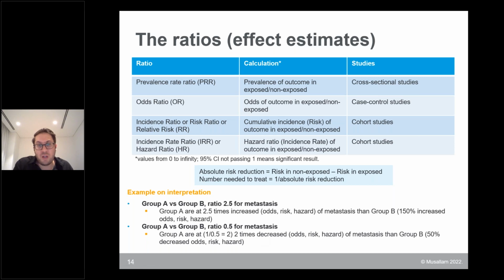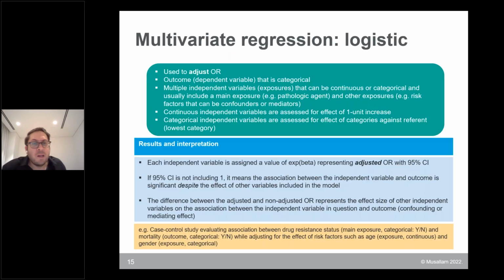So either group A is at 2.5 times increased odds of metastasis, because the odds ratio is 2.5, but if the odds ratio is 0.5, which we call protective, it means it's at 50% lower odds, or 2 times decreased odds. It's 1 over 0.5. These will only become easier when you get them in practice. Probably you will get those numbers already from the statistician. So all you need to do is go back to a guide like this to see how to actually describe them.